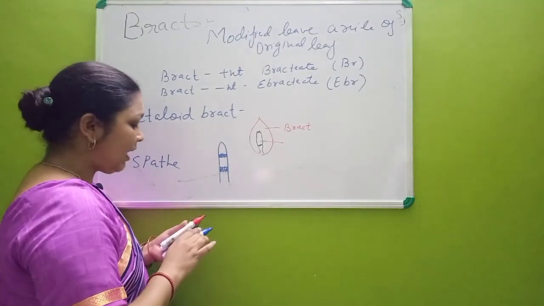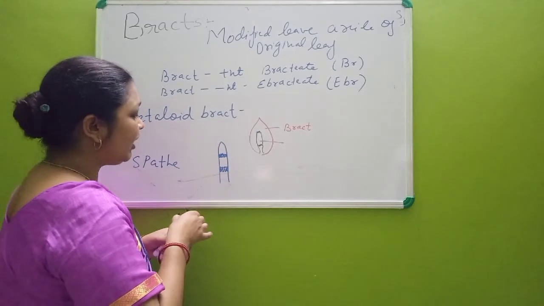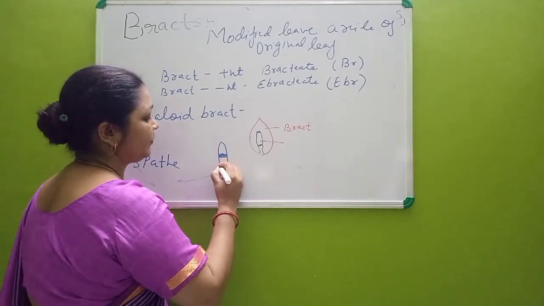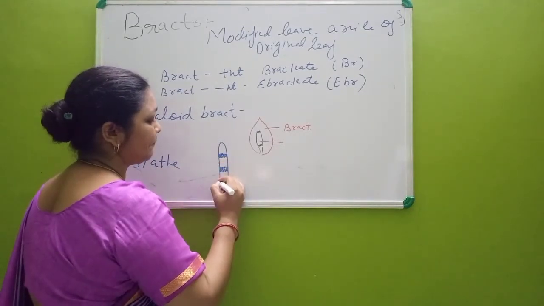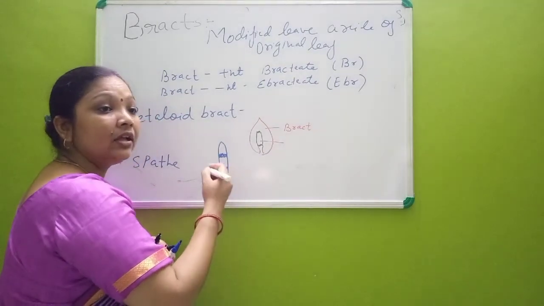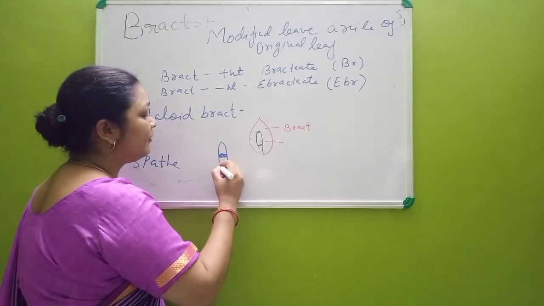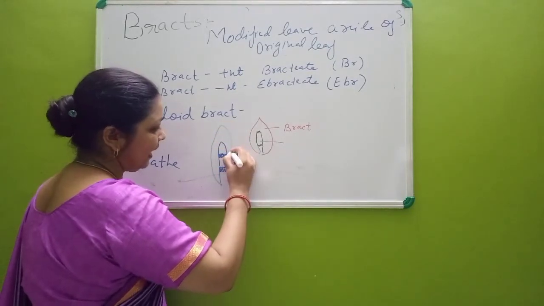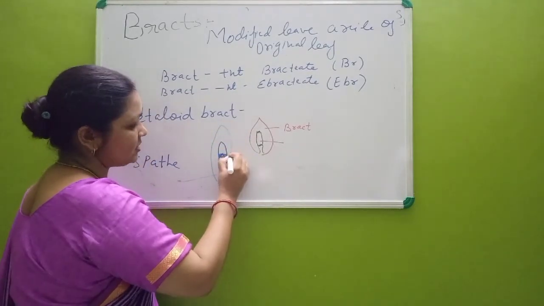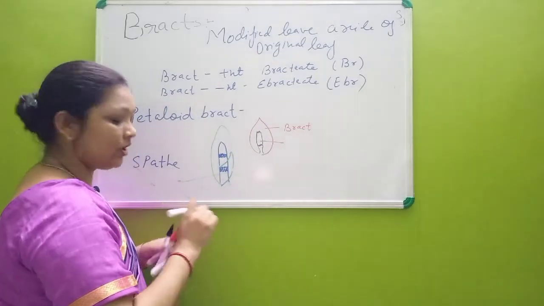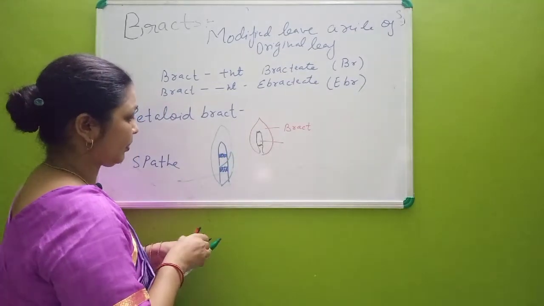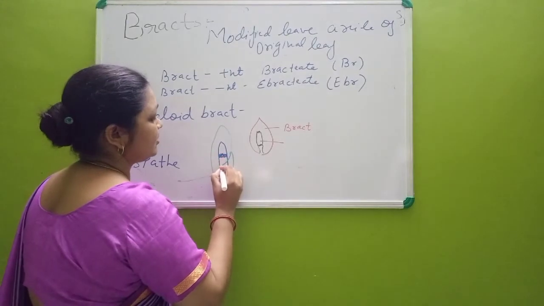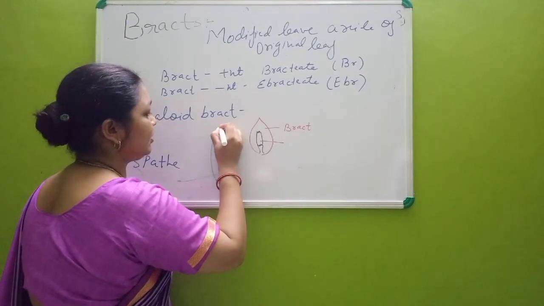So this bract covers this structure, making it red in color so that it is visible.